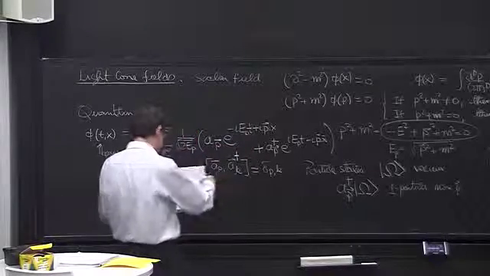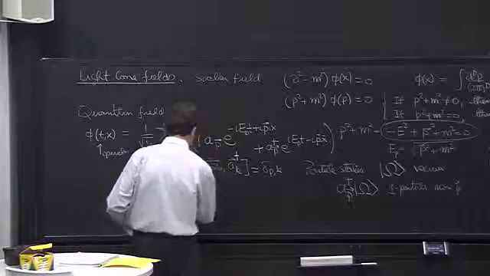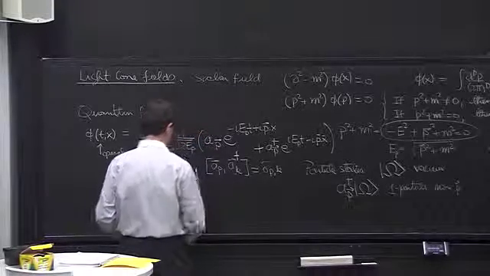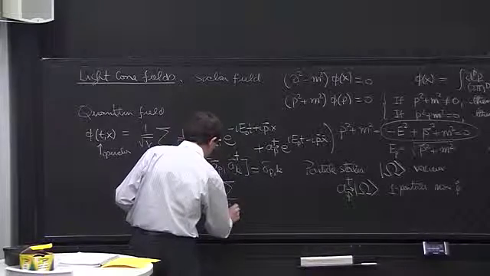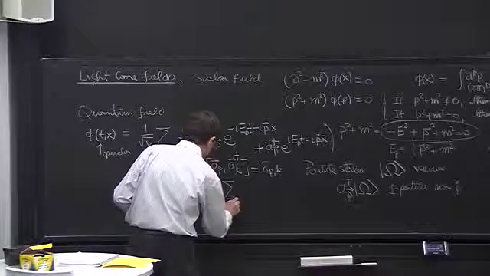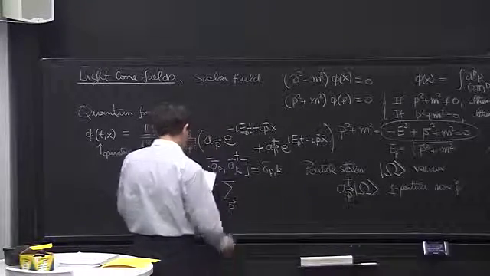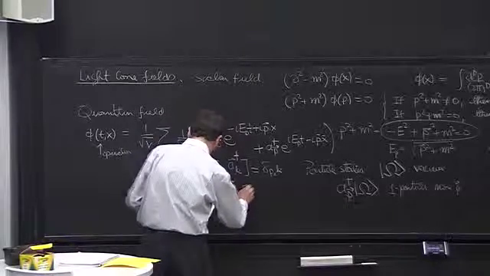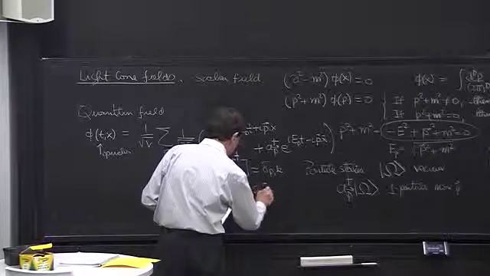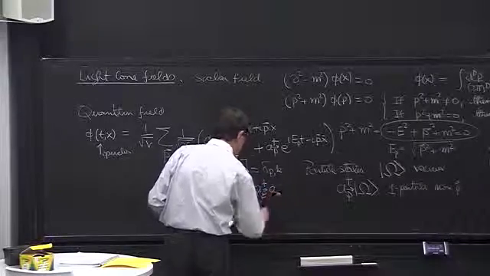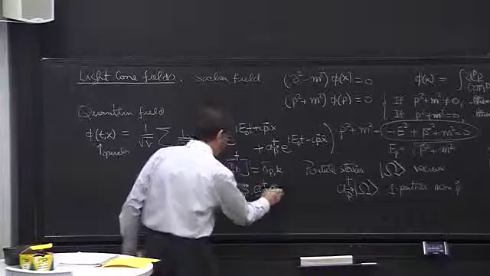For example, the momentum operator P would be written as the sum over all possible values of momenta, of those values of momenta, times a_p dagger times a_p. Some kind of number operator like that.